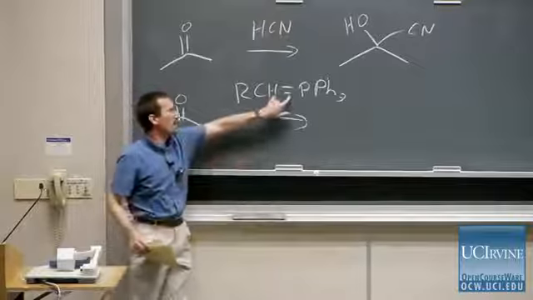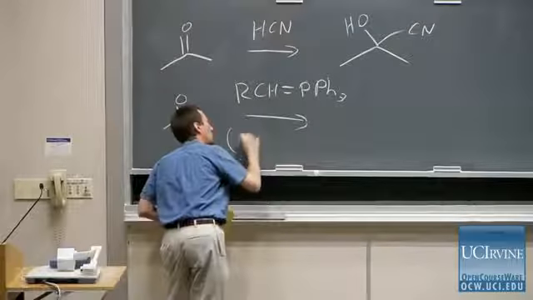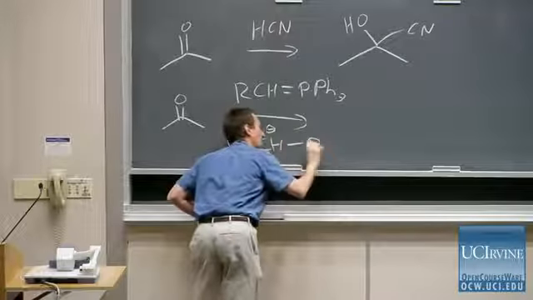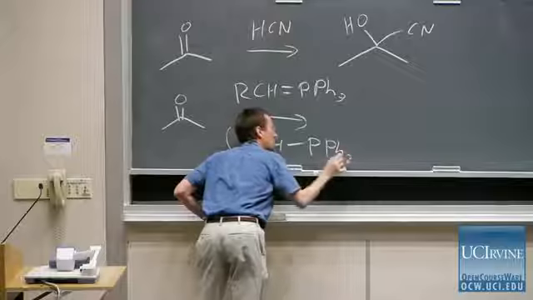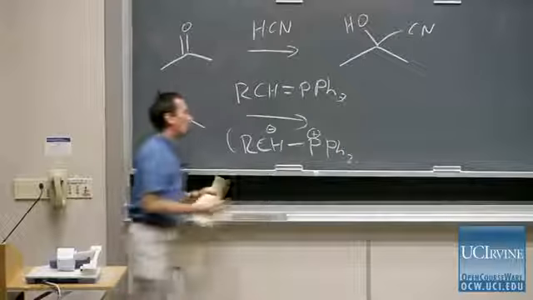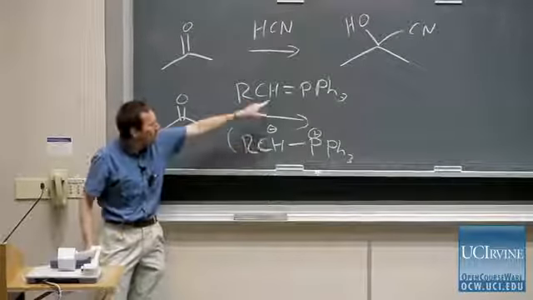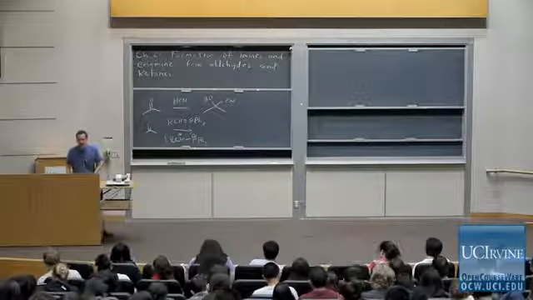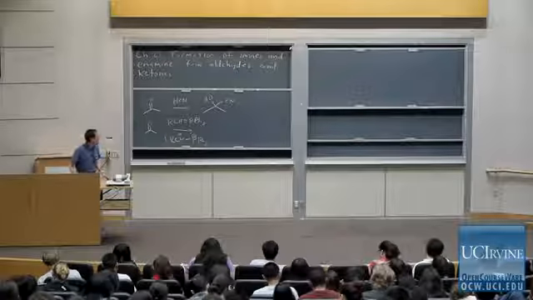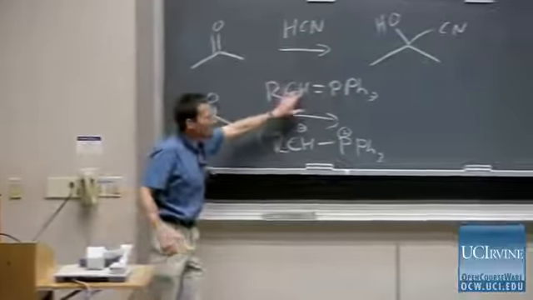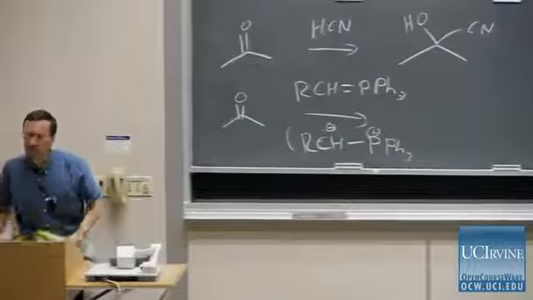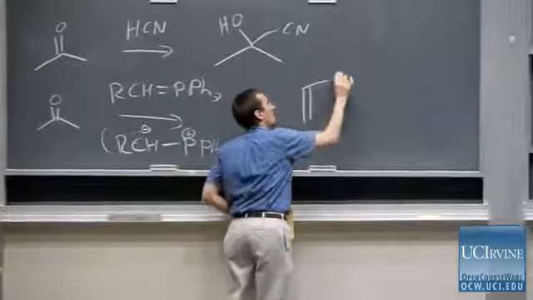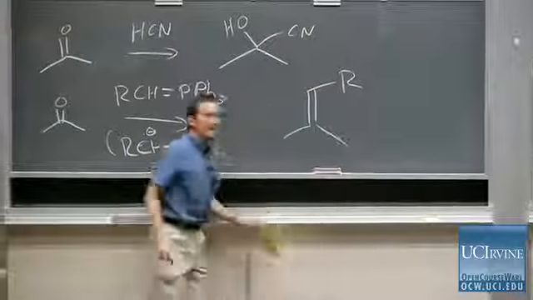And remember, we talked about there being a second resonance structure of the Wittig reagent that had an ylide form, in other words, had a separated charge, and only because phosphorus can take an expanded octet, only because phosphorus can take 10 electrons around it, could we write this other resonance form here. And then the product of that, again, generic ketone or aldehyde with this sort of semi-generic Wittig reagent is an alkene.